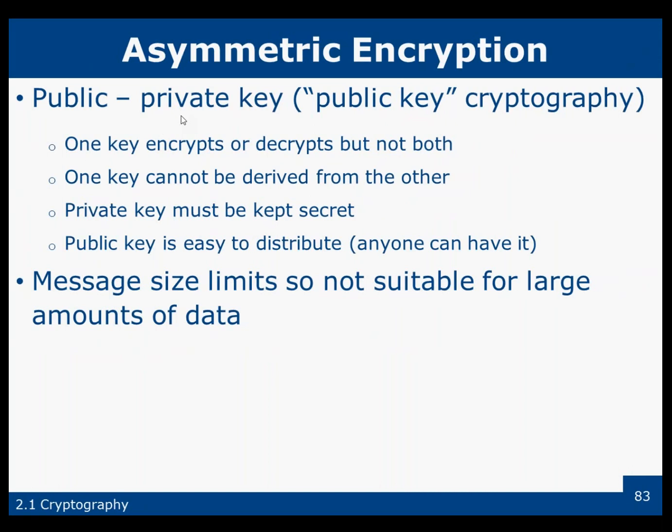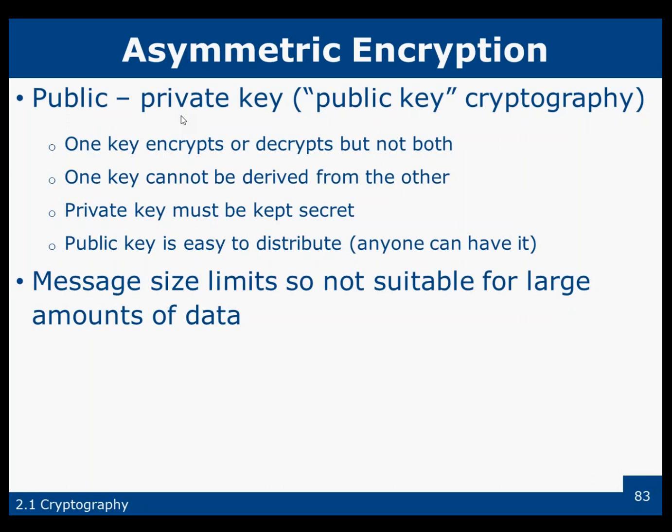The asymmetric keys are public and private keys. We have 2 keys, one public that can go to anybody and one private, which you really need to keep private. If the private key ever gets compromised, then you've compromised all of your encrypted data.